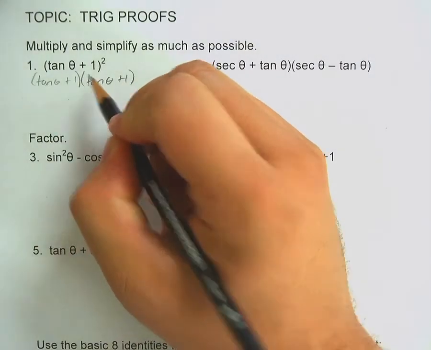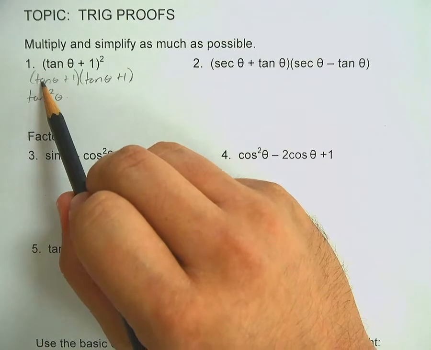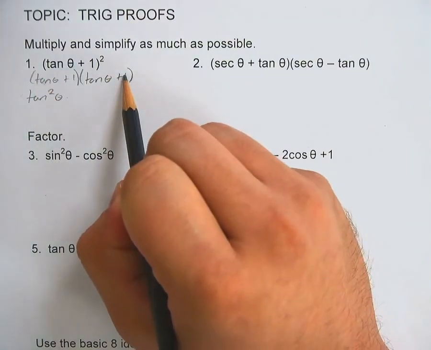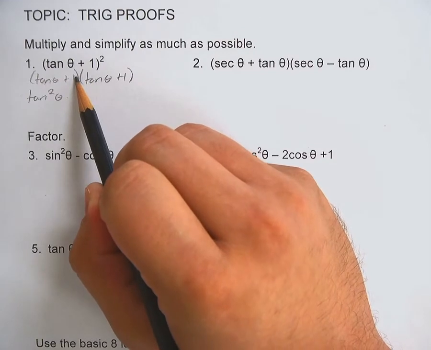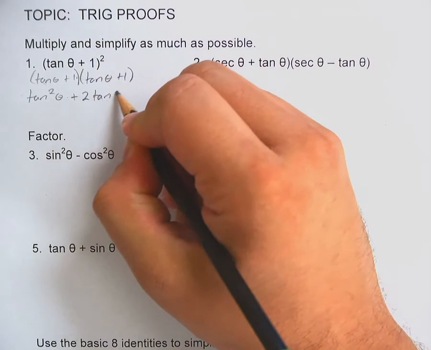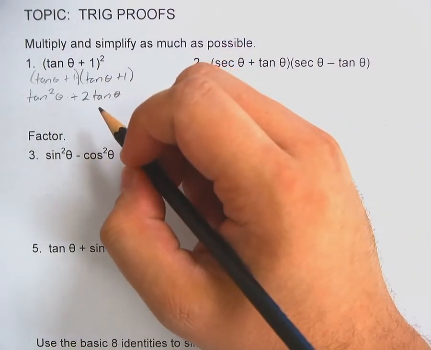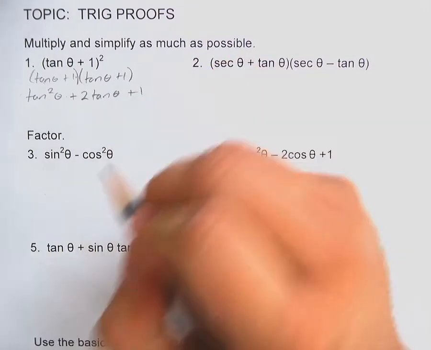All right, multiply that out. You get tangent times tangent is tangent squared theta. Tangent times 1 is tangent. Tangent times 1 is tangent. So I've got tangent plus tangent, which is plus 2 tangent theta. And then 1 times 1 is 1.